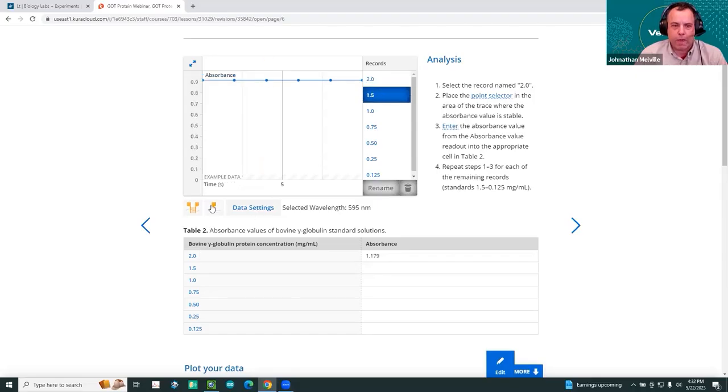Go to 1.5, tap on here, take a look, drag that down, go to 1, drag that down. Once again, I'm just dragging right here where it says the absorbance.